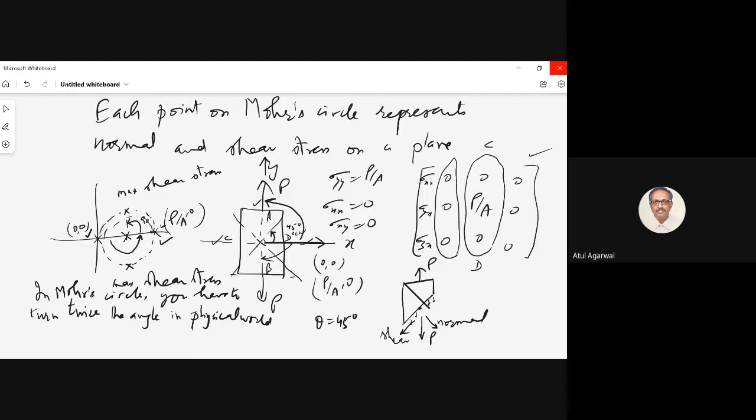Okay, one more thing. You have to see the normal vector rotation. You see here, you have to see the normal vector rotation. Now suppose I am going here. So this is my normal vector to the plane. So my plane is this.